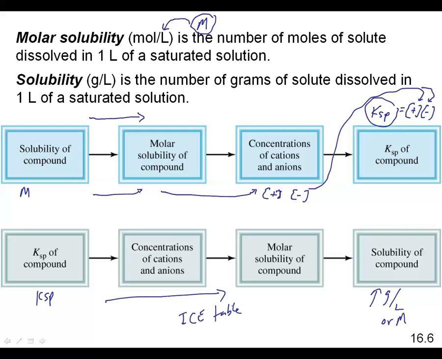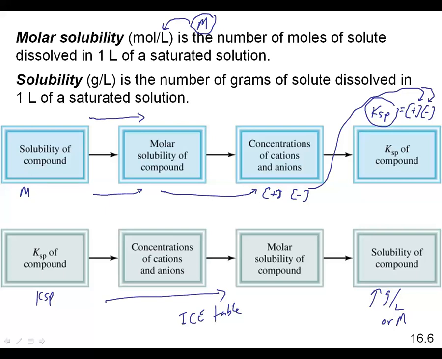We'll do an example in just a second where I'll show it to you both ways and show you why you don't necessarily have to do an ICE table, but you could if it helps you visualize it. But definitely, if you're only given the Ksp value, you would do an ICE table to figure out the concentrations of everybody at equilibrium, and then you'll be able to figure out the solubility of that product.